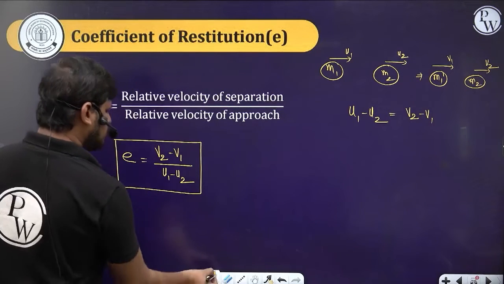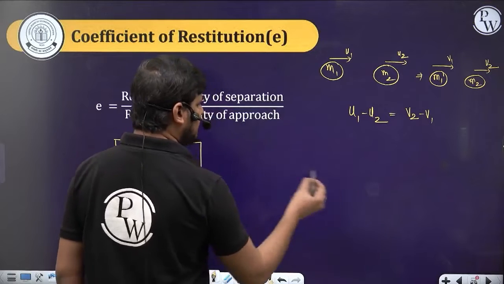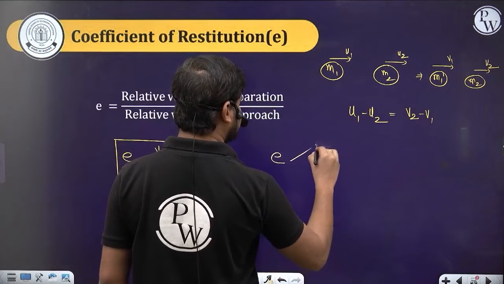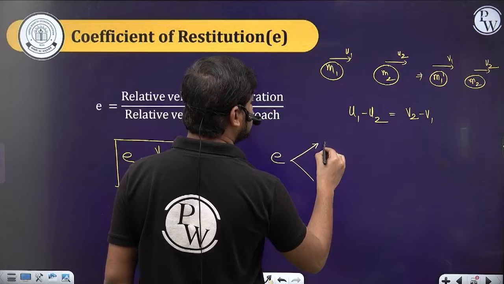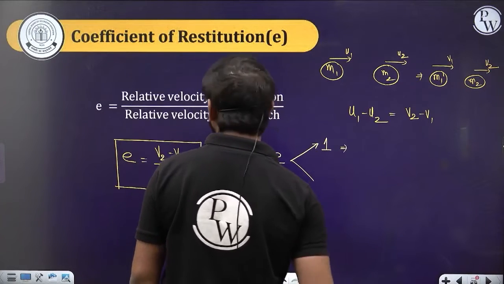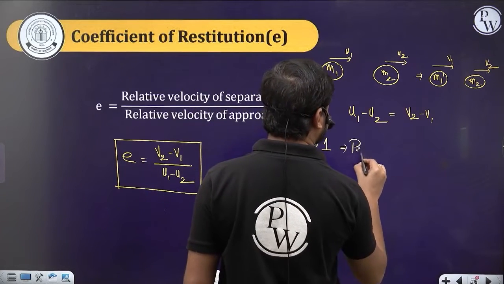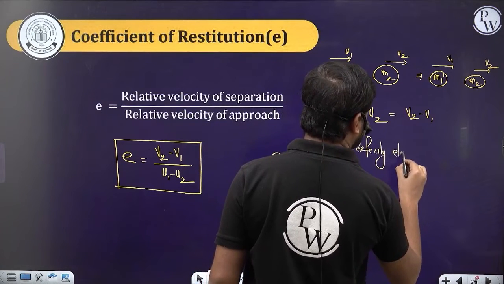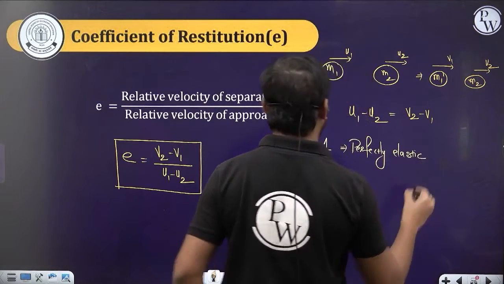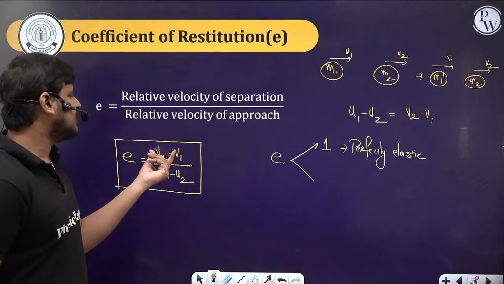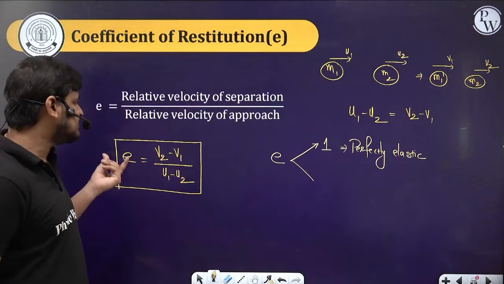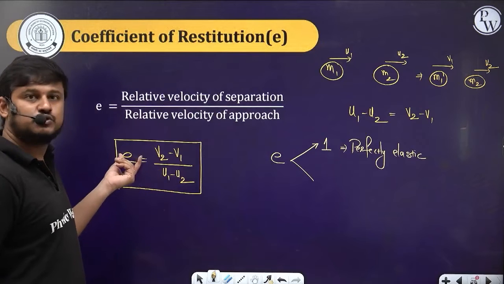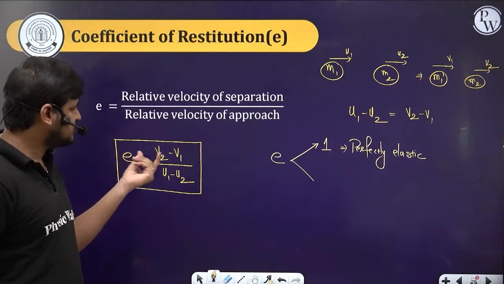If the coefficient of restitution e is equal to 1, it is said to be a perfectly elastic collision. The relative velocity of separation is equal to the relative velocity of approach, so u1 minus u2 is equal to v2 minus v1.